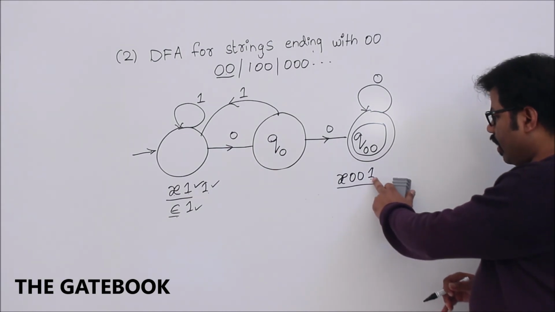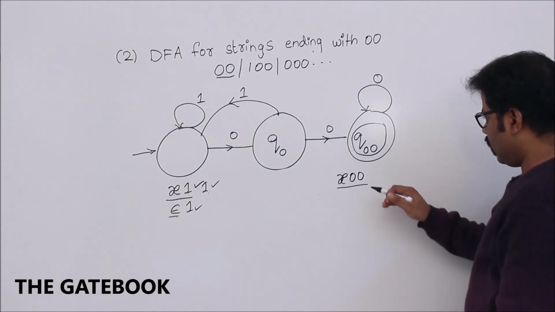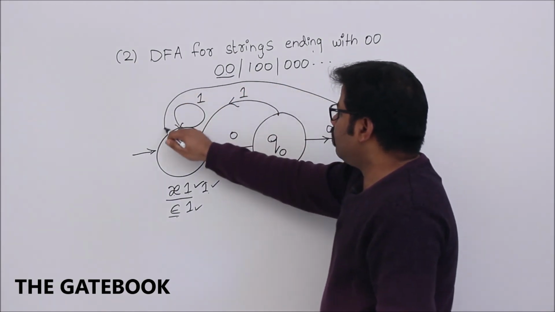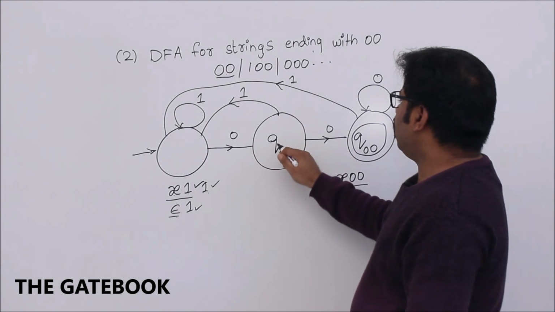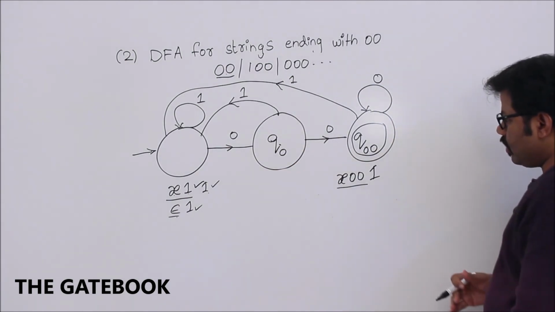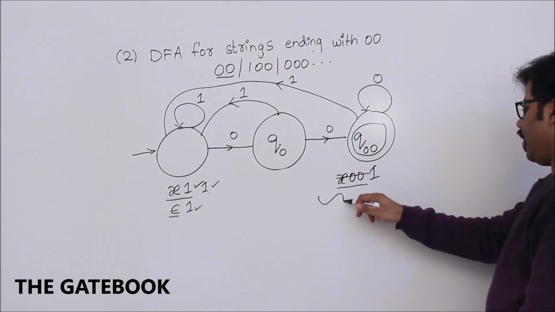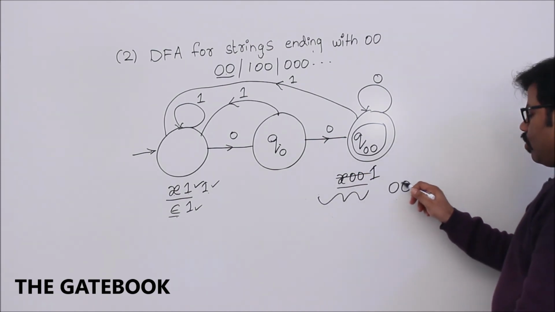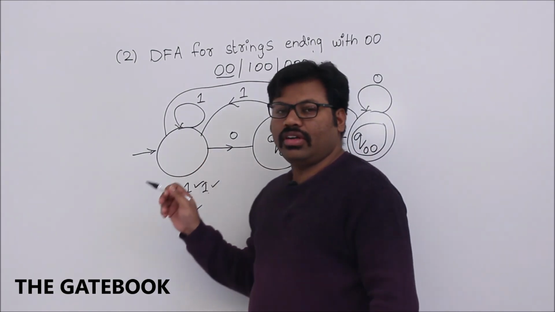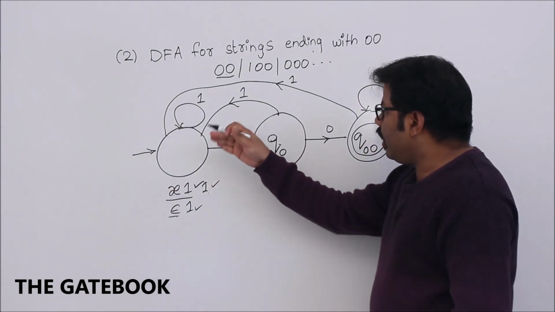So whenever a 1 comes when your string is x00, I will go to the start state, for the same reason as before. In simple words, whenever a 1 comes, your pattern got spoiled, and irrespective of anything you need two more zeros. That's why I am going to a state where I am waiting for two zeros. In that way we are reusing the states.